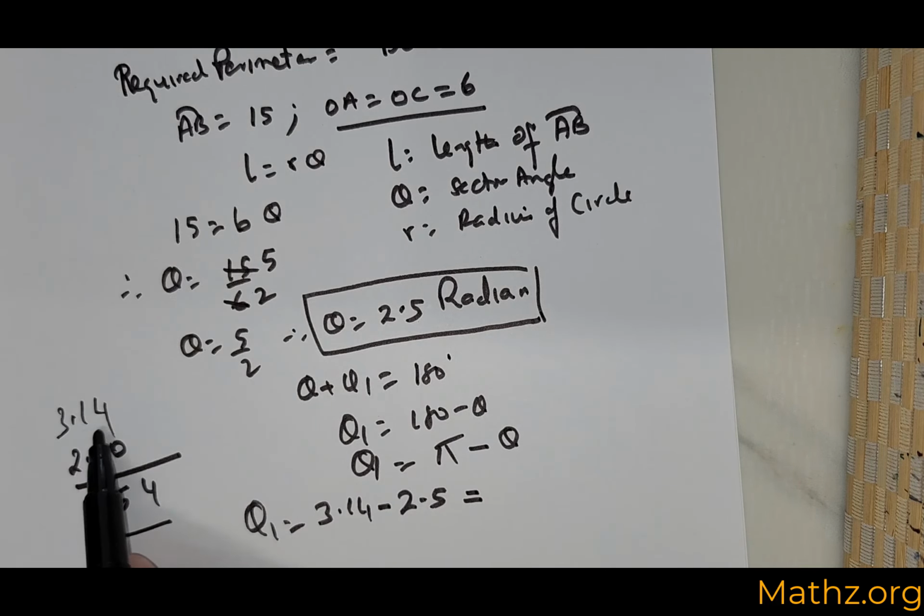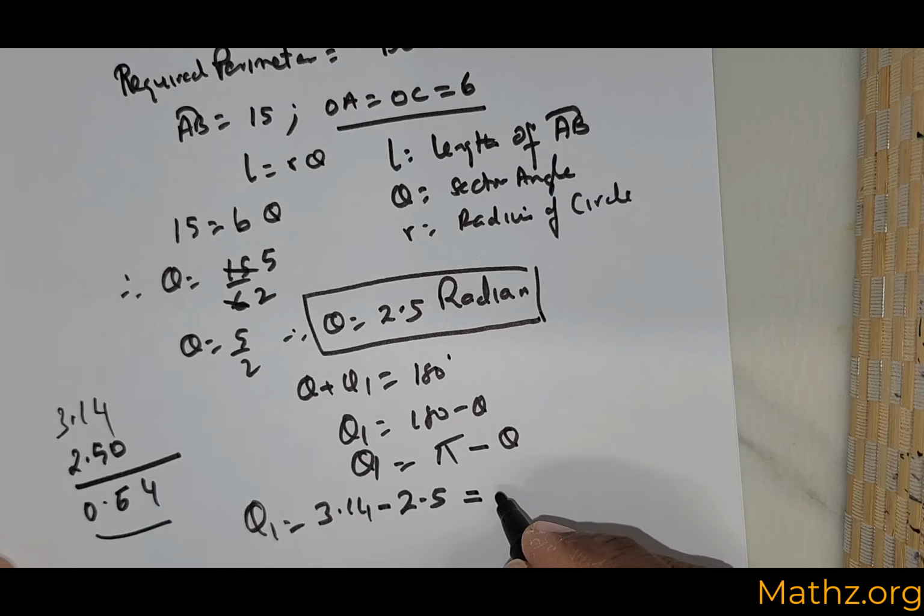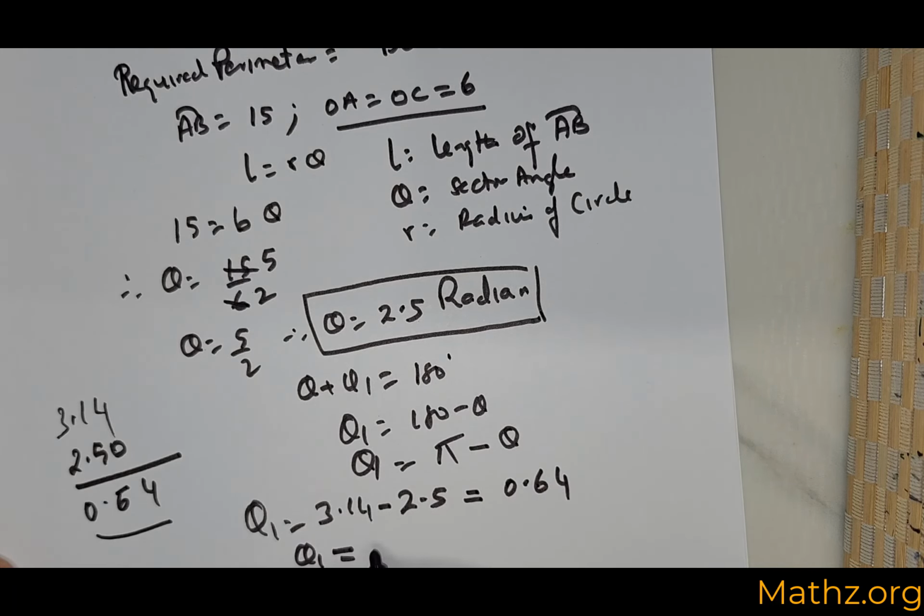I'm just taking it to 2 decimal places. So this is my theta 1. Theta 1 is 0.64. Fair enough.